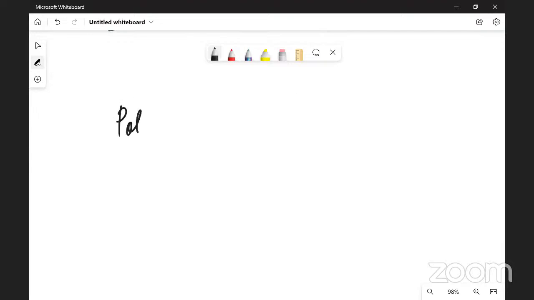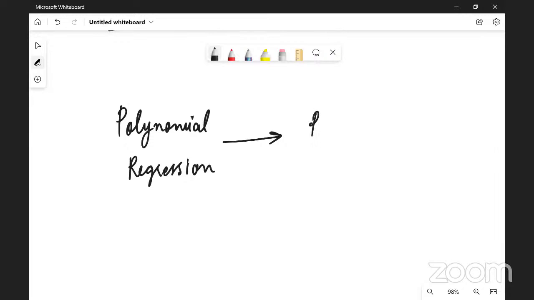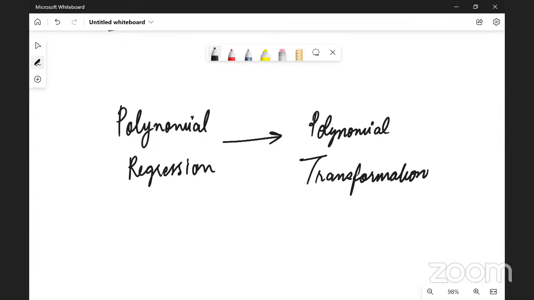Polynomial regression has two components: polynomial transformation, plus linear regression.